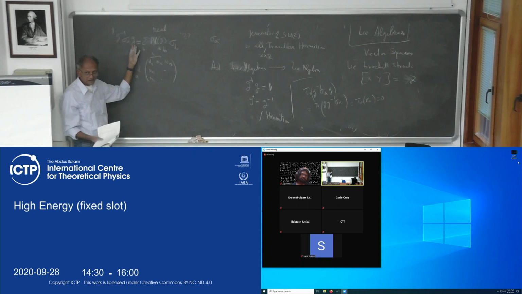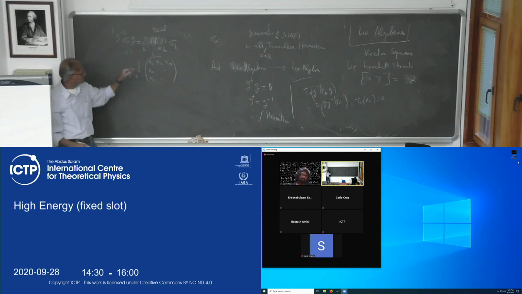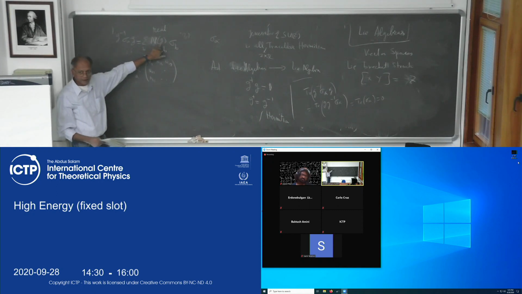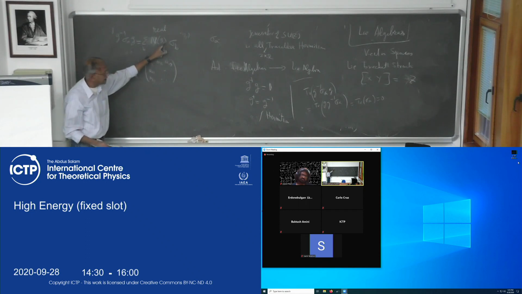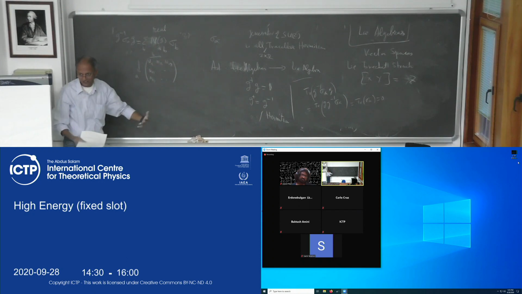But if I choose a different G, it will change, no? So these numbers will depend on what G you choose. So that I don't forget that information, I keep that G explicitly there in the bracket. That is, each of these coefficients is a function of G.